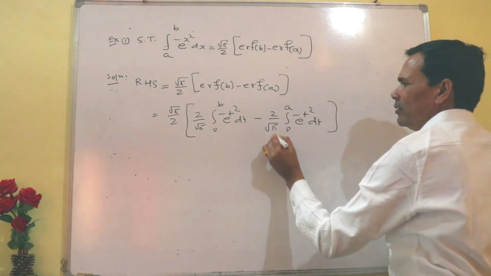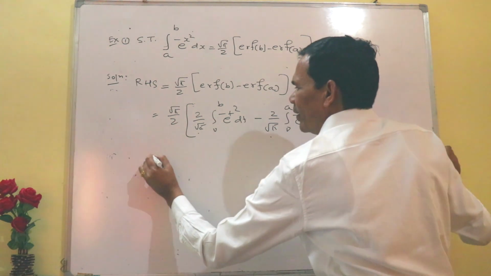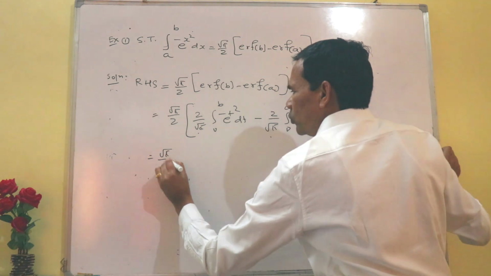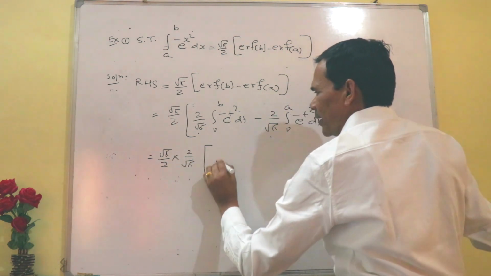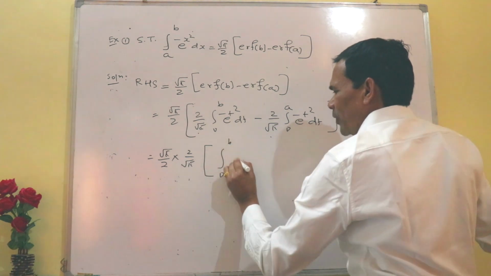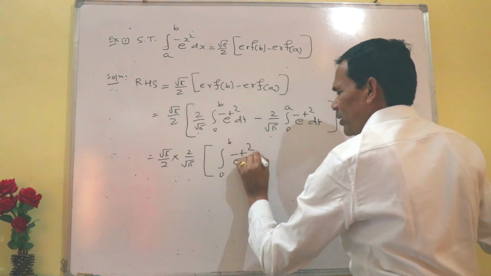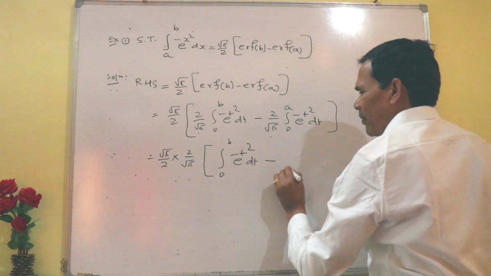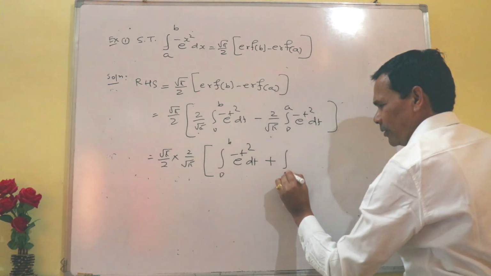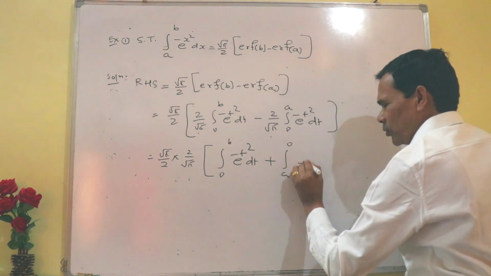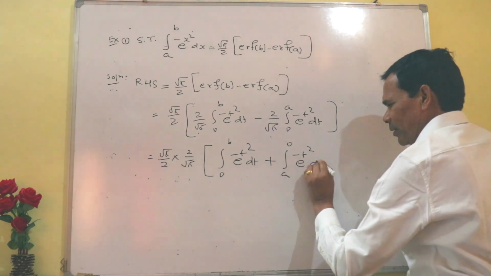So I take 2 upon root pi common. So root pi upon 2 into 2 upon root pi, inside the bracket, it is integral 0 to b e raised to minus t square dt minus integral 0 to a. I make it plus and change the sign, a to 0 e raised to minus t square dt.